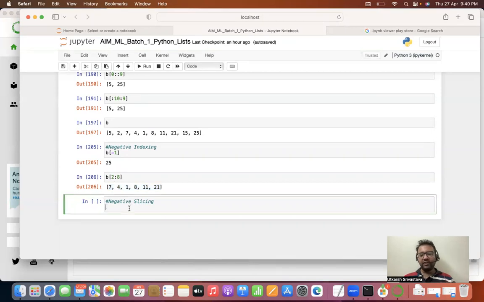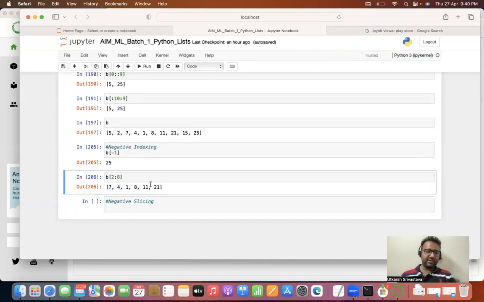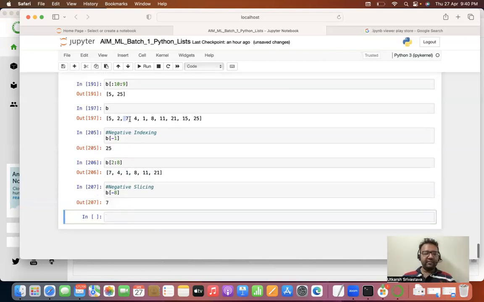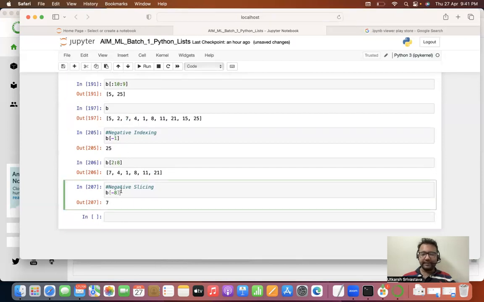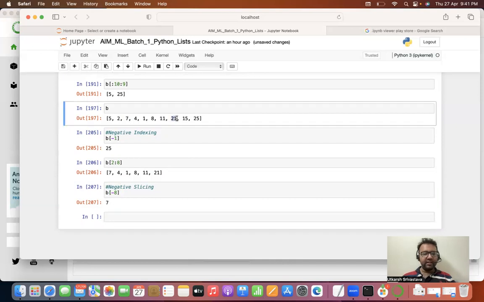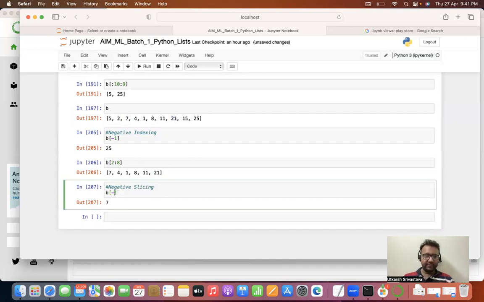So let us take negative slicing. Print this using negative slicing. 7 is at the minus 8 position, and 21 is placed at the minus 3 position.